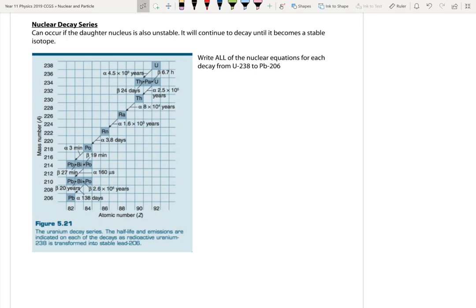Alpha. And beta. Try again. Look to the isotopes to the right of bismuth. What do you notice? What is absent? Stable isotope. There is no stable isotope above bismuth. Everything with an atomic number greater than 83 will eventually decay.